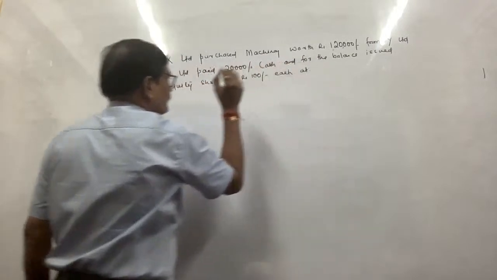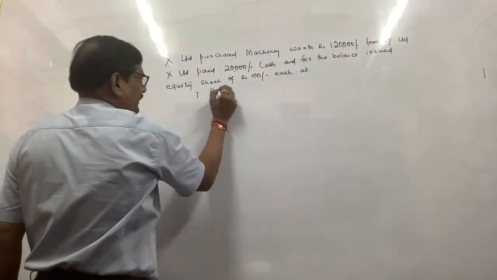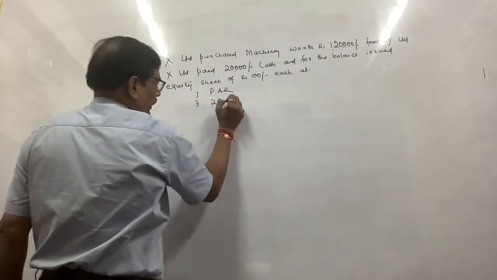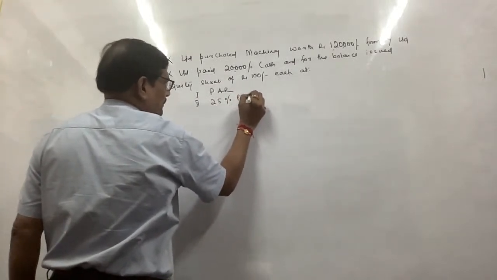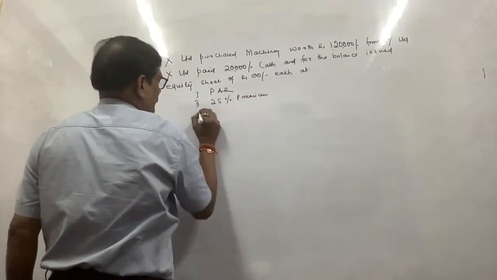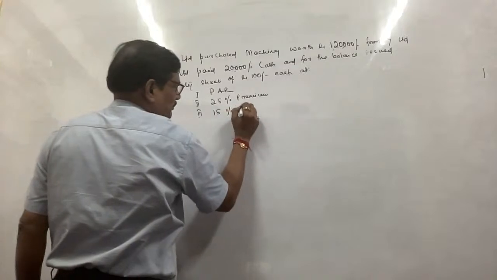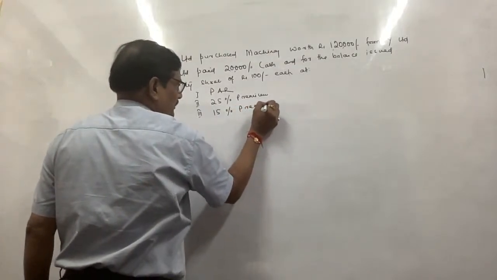Case 1 at par, case 2 at 25% premium, and case 3 at 15% premium.